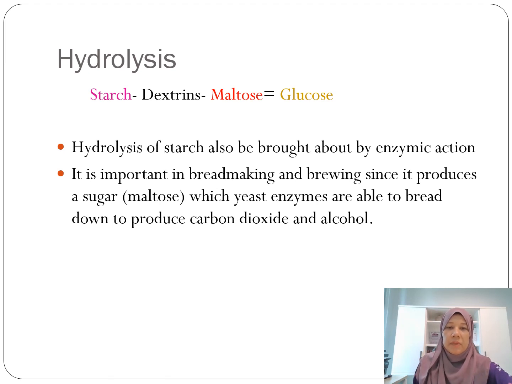Then the dextrin will be converted to maltose, and after that you get glucose. How does it occur? Hydrolysis occurs by enzymic action.